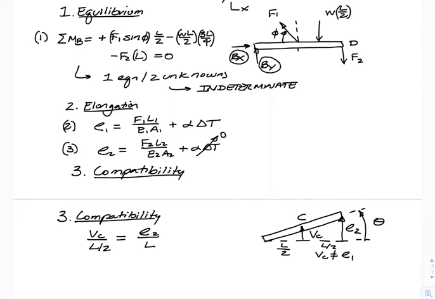So I'm looking at similar triangles here of this one for the left-hand side, and then I have the similar triangle here for E2 and L. So this is similar triangles. Similar triangle means I'm enforcing the fact that that bar is going to rotate in a rigid way. So this is our fourth equation.